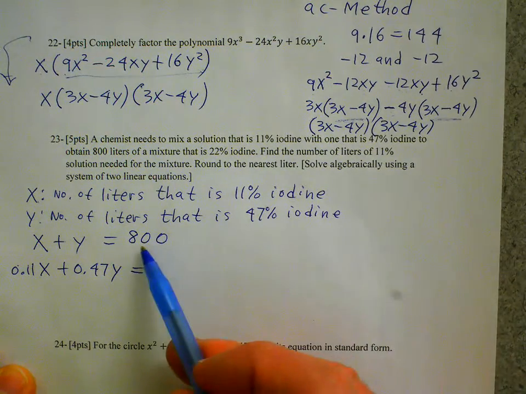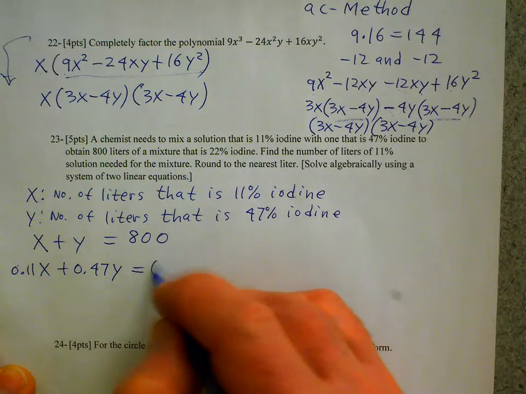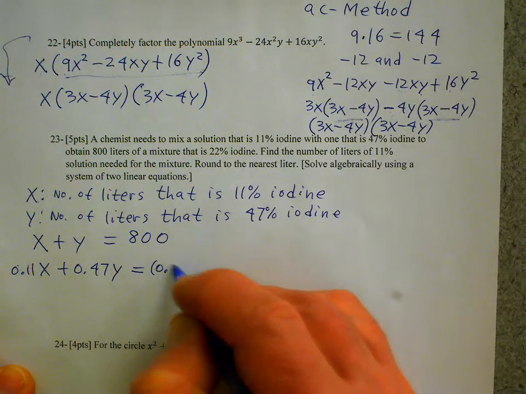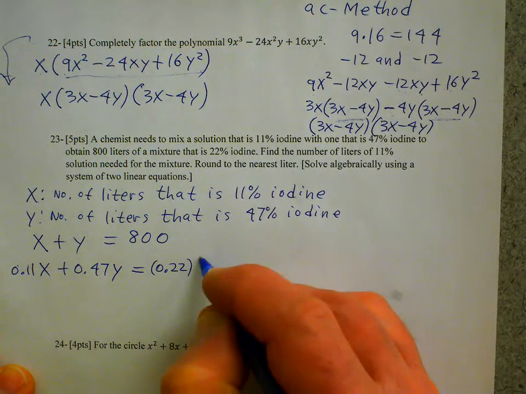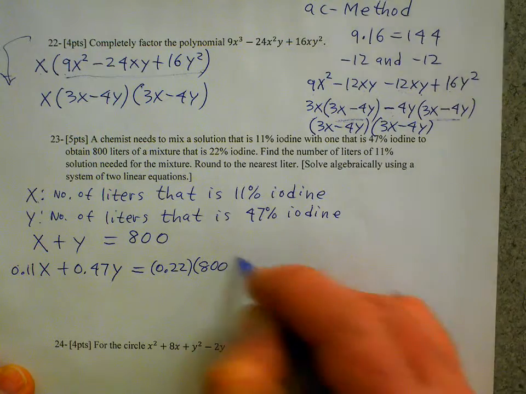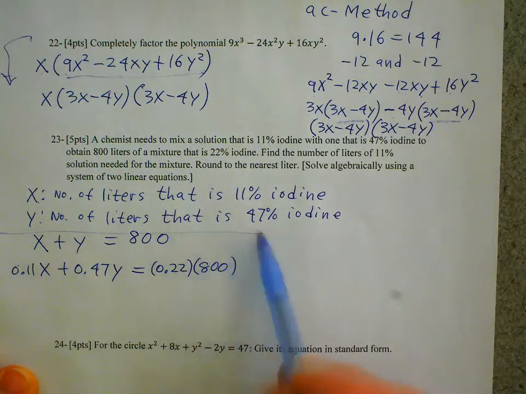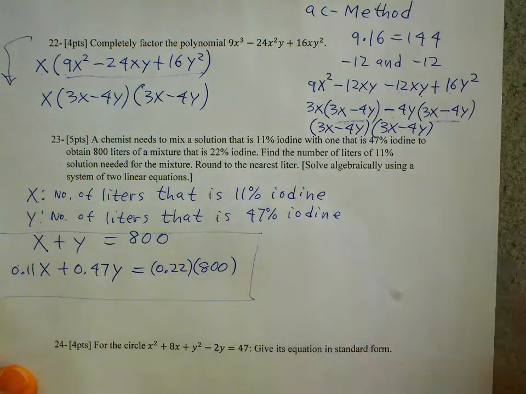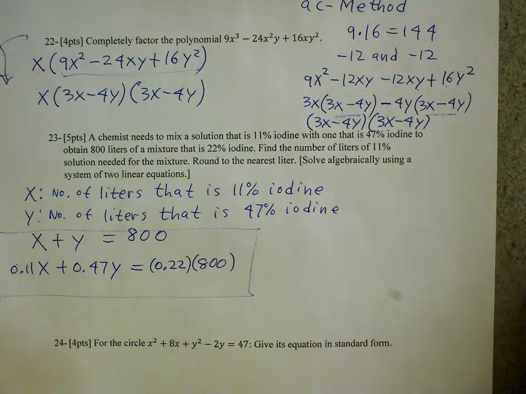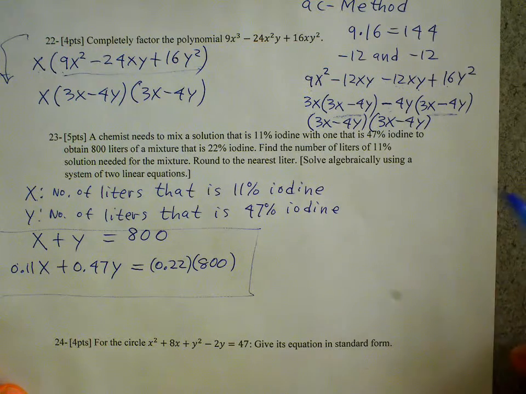And the 800 liters is 22%, so we multiply 0.22 times 800. Okay, so here is our system of two linear equations. We could use the substitution method or the elimination method.